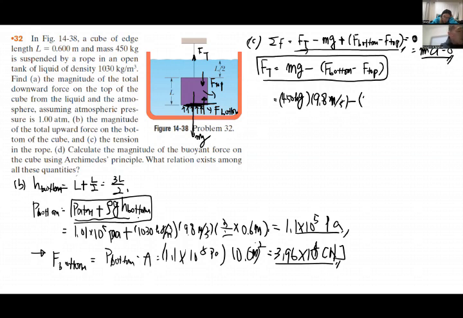That is 3.96 times 10 to the 4 Newton, minus the force on top of the cube from the water, which is 3.75 times 10 to the 4 Newton. So can you tell me how much you have from this?